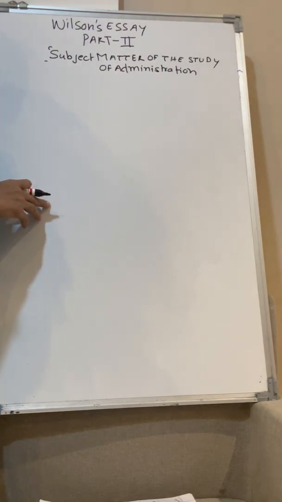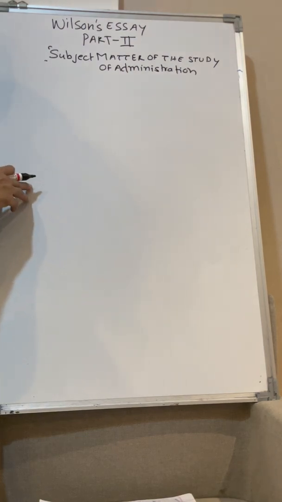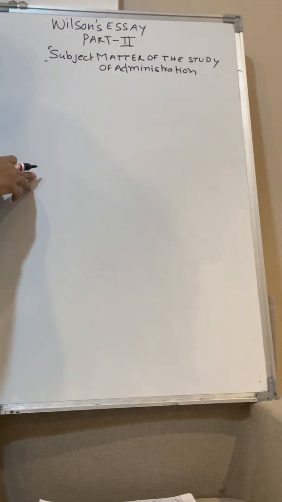Hello everyone. Today we will talk about the second part of Wilson's essay, The Study of Administration, which was published in the year 1883. The second part of the essay talks about the subject matter of the study of administration.